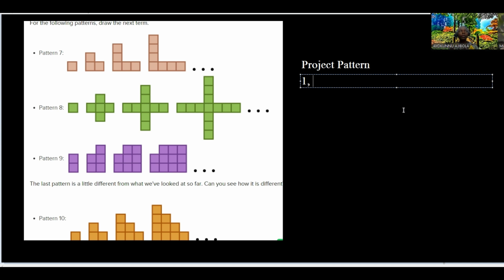Why not think of maybe adding six? Okay. So one plus six gives me what? Seven, right? So seven plus six gives me what? 13, right? Add six again. What do you have? 19. Add six again. What do you have? 25. So let us assume this is our pattern.